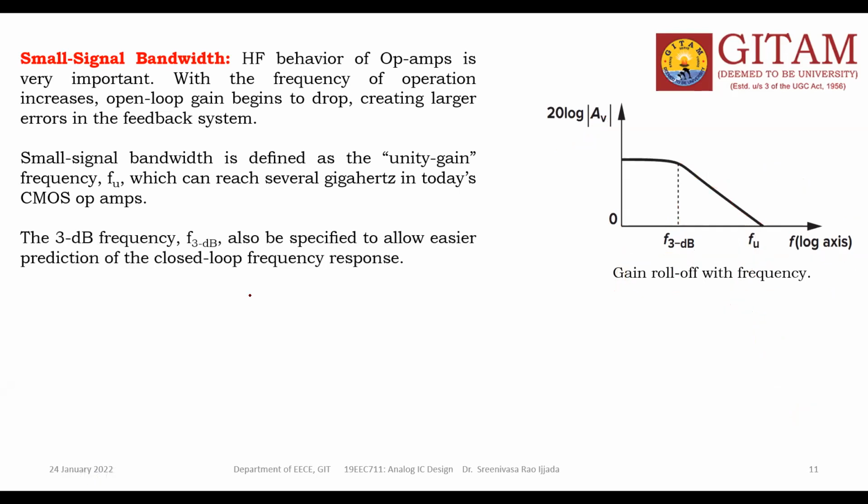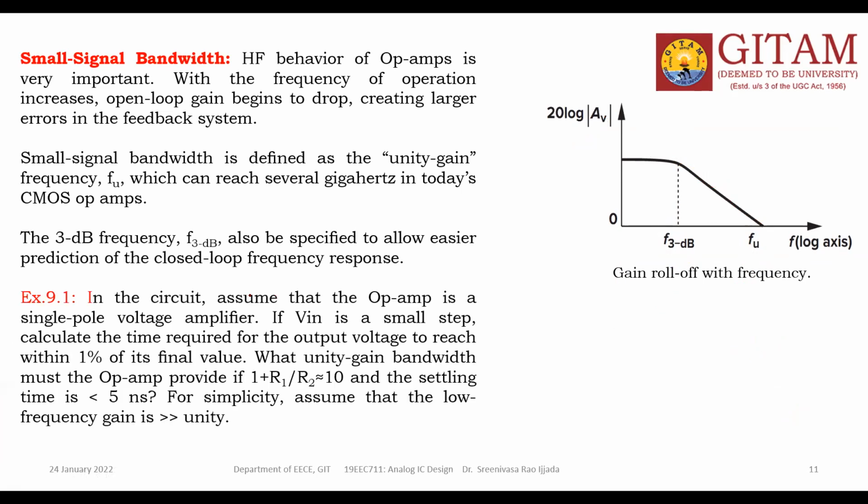The 3 dB frequency, F3dB, is also specified to allow easier prediction of the closed loop frequency response. One more problem here, in the circuit I will show you. Assume that the op-amp is a single pole voltage amplifier. This is the same earlier circuit, a non-inverting amplifier.